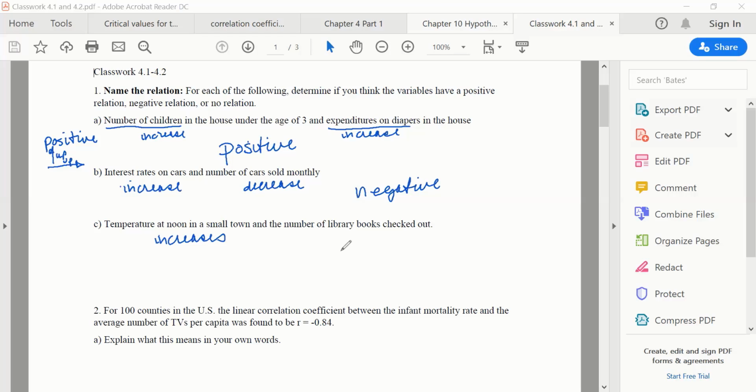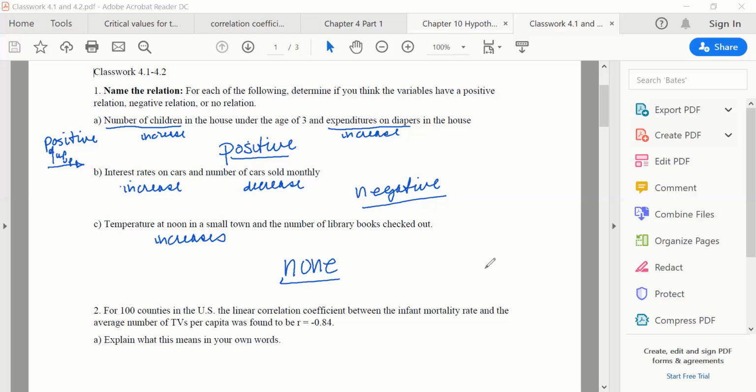Probably less, because if the temperature's going up, maybe people would be outside. I don't know. They take a book to the beach, though. I'm not one of those people, but sure. So I think we're going to go with no correlation, because we don't know.